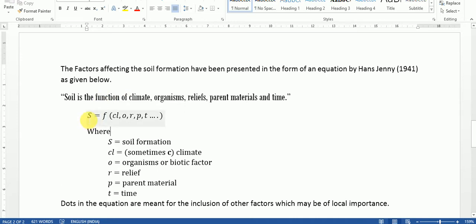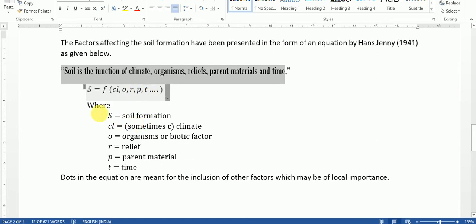This is the equation, and it means that soil is a function of climate, organisms, relief, parent material, and time.